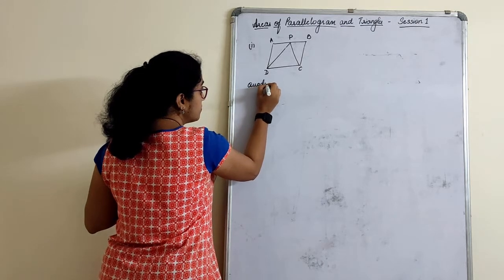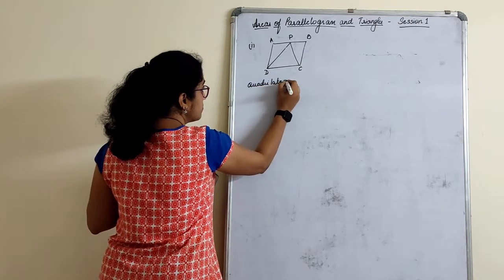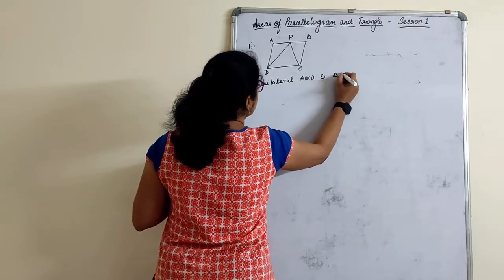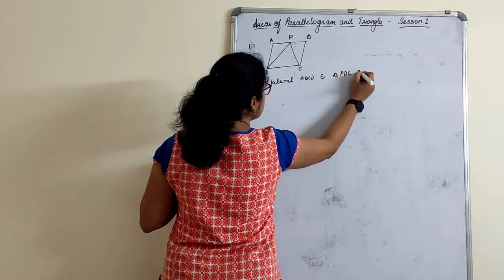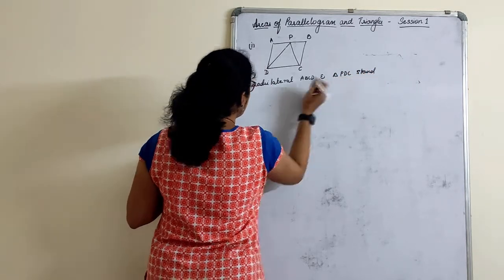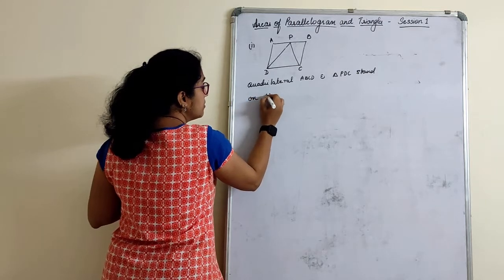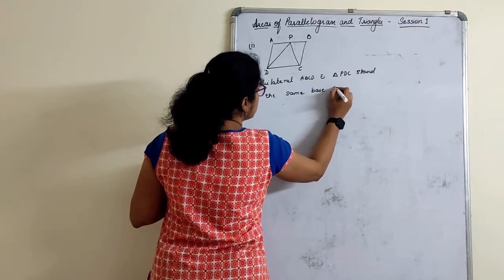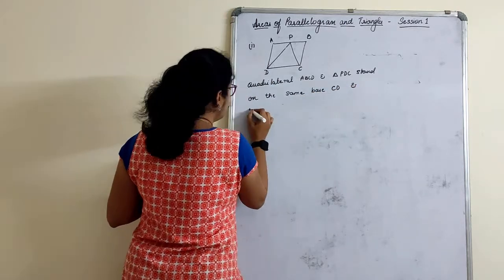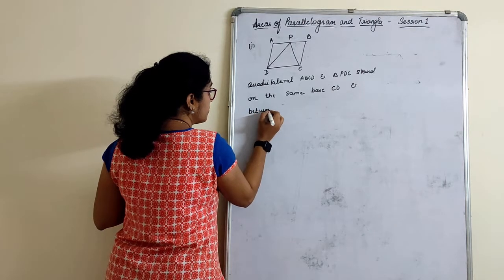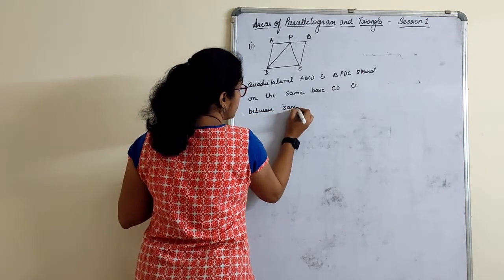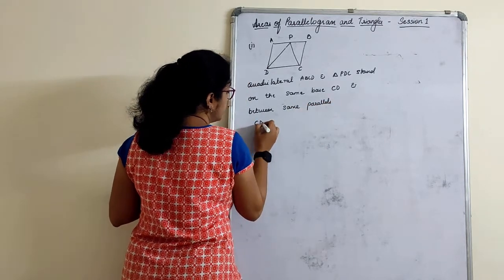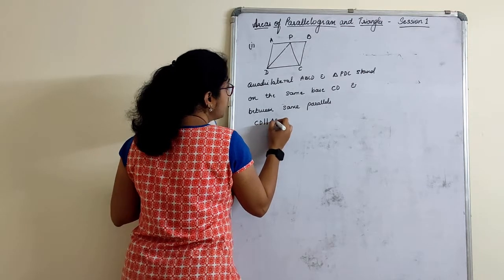Quadrilateral ABCD and triangle PDC stand on the same base. What base is that? Base is CD and between the same parallels. That is CD parallel to AB.